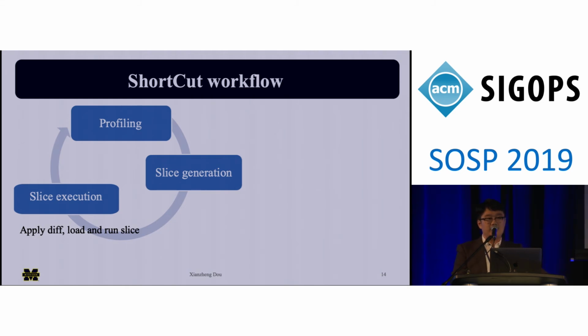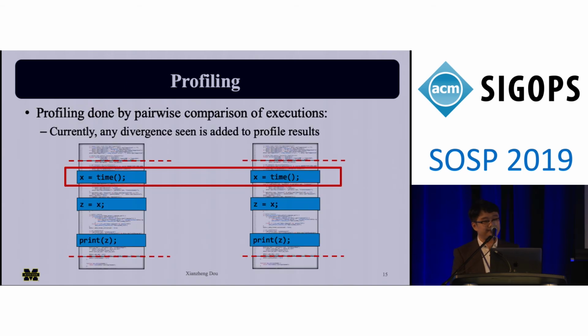If there are failures, the failure information will be gathered and sent back to the profiler so that we can make better assumptions later on and also make the slice more generic to tolerate those failures we have seen.